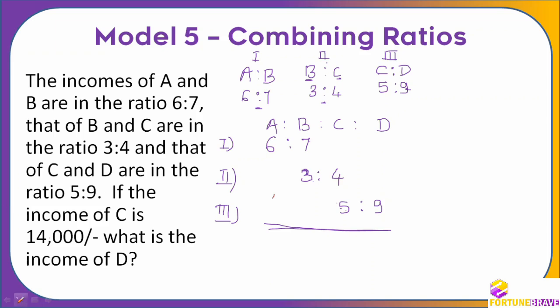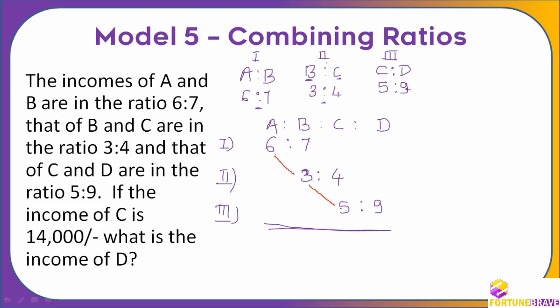So let us start with the favorite color, red color. To get A, I am going to write A here. I shouldn't have done this one, but there will be no confusion, so I will remove this one. Here to get A, I am going to multiply 6 into 3 into 5.